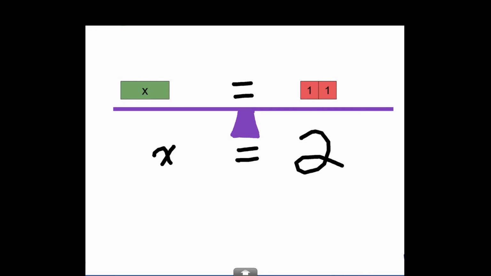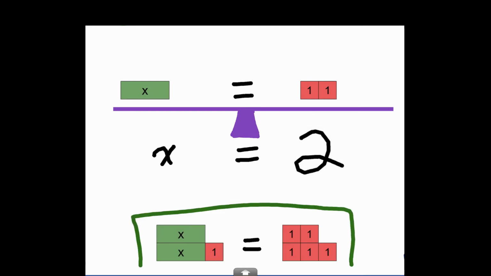And we know from the original equation that if we substituted the number 2 where x was, it would still balance. Let's take a look at the original equation. Now if you take a look down here, in this area, we've got the original equation: 2x plus 1 equals 5.